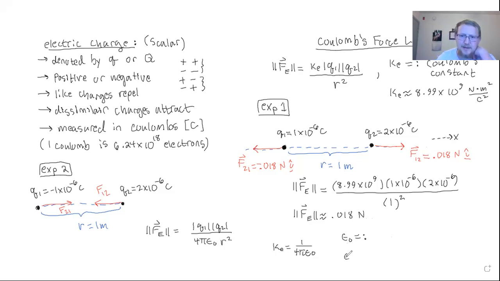And it just so happens that epsilon sub naught is 8.85 times 10 to the, I believe, minus 12 coulomb squared per newton meter squared.